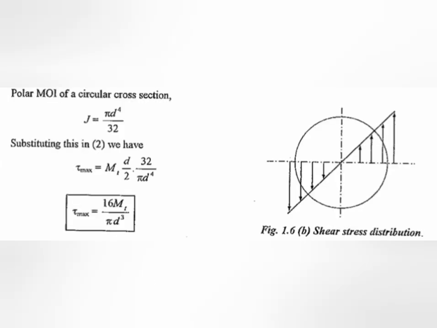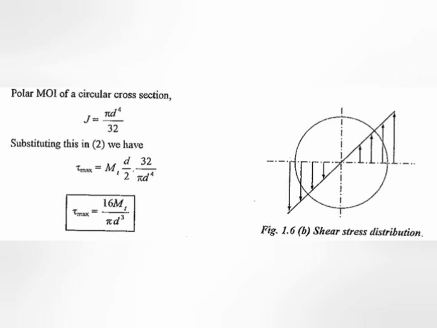So this is for the maximum. Suppose we have a circular cross section. Where do we get the maximum? The maximum possible distance is the very outer diameter, right? So I will substitute that distance as d by 2. Then for a cylindrical body, where the cross section is circular, tau max will be 16 into Mt by pi d cube.